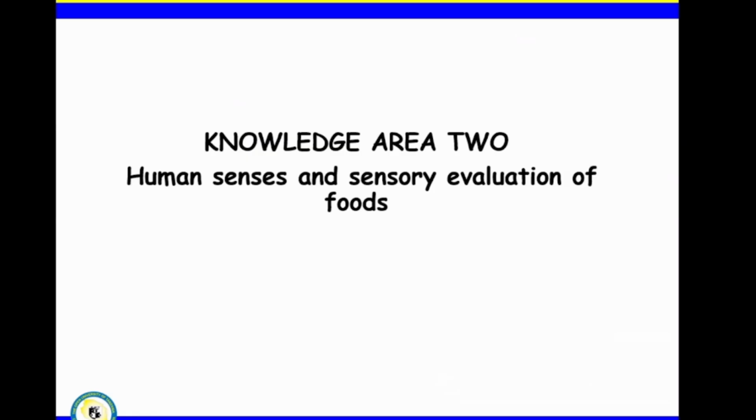Right. Knowledge area 2 is about human senses and sensory evaluation of food. As we have covered from knowledge area 1, we know that sensory evaluation involves analysis of sensory characteristics of food.